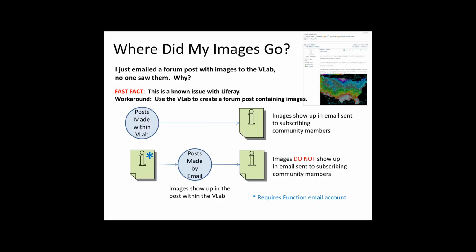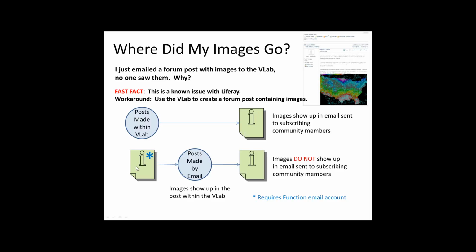To work around this problem, rather than email your forum posts, you need to go into the VLab and create it within the VLab forum. So right here you can see that if you make the post from within VLab, the emails that get sent to all the individuals that have subscribed to, say, either the whole forum or the category or that particular thread, when they get their email, the images will show up.